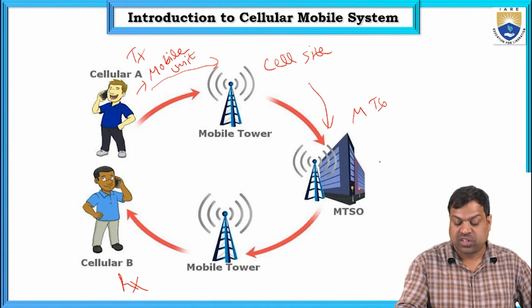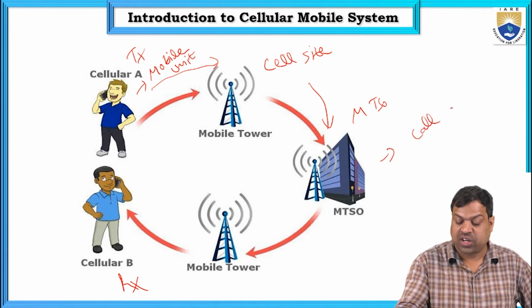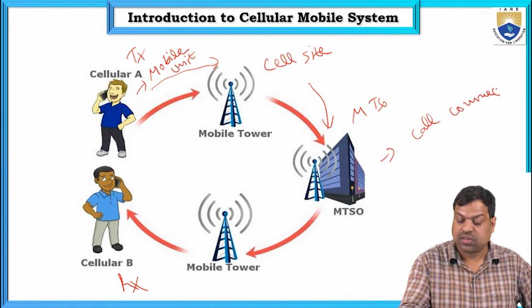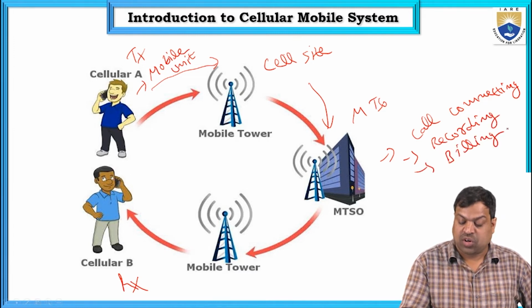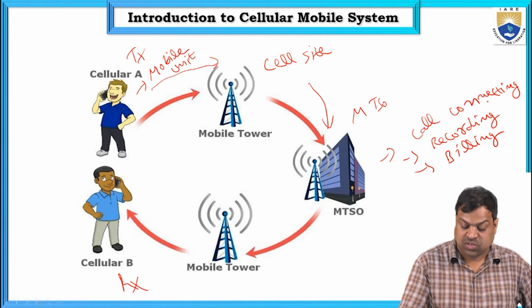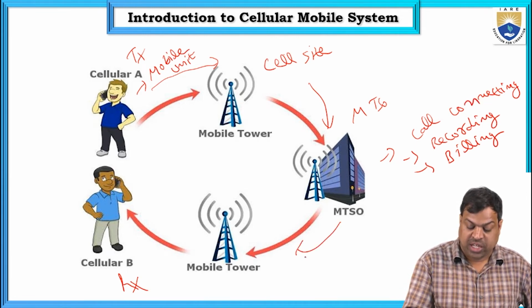What is a MTSO? It is used for call connecting, recording, and billing. These are the main things of MTSO. So this MTSO goes to the nearby receiver, the nearby mobile unit.